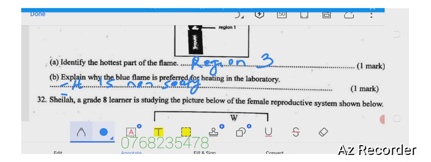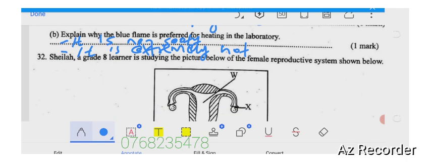Number 2, it is extremely hot. So it being extremely hot means that burning of substances is easier and faster. So those are the 2 main reasons why we use the blue flame, which is non-luminous flame, for heating.